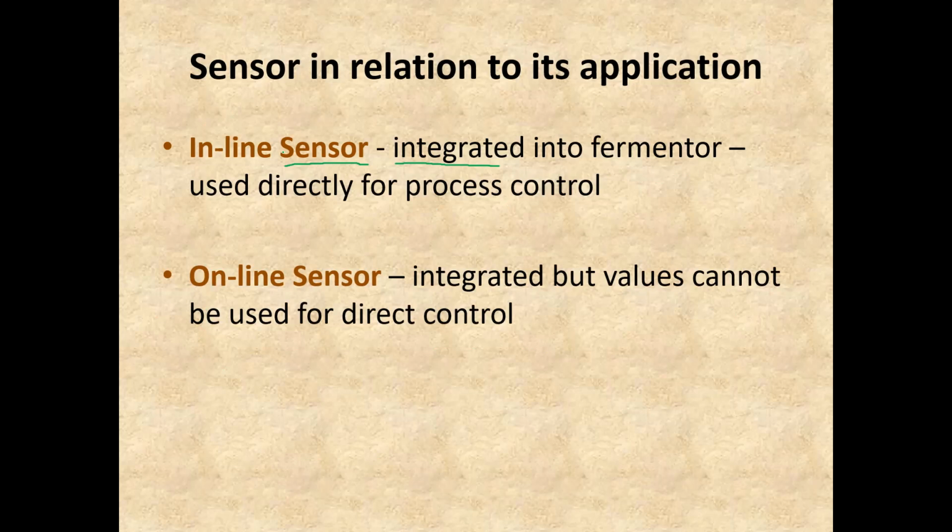So in an inline sensor, the sensor is monitoring, and if there is any deviation, automatically it would be controlled as well. But in the online sensor, it is integrated into the fermenter, it's monitoring the parameter, but the values cannot be used for direct control. Someone has to come and manually at least enter the data into a computerized system for control.